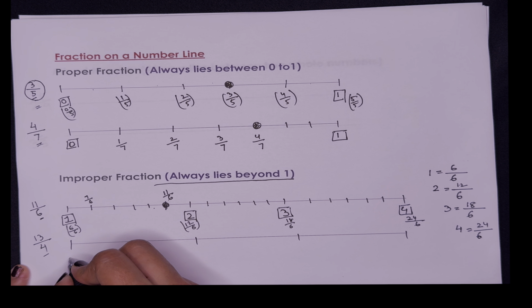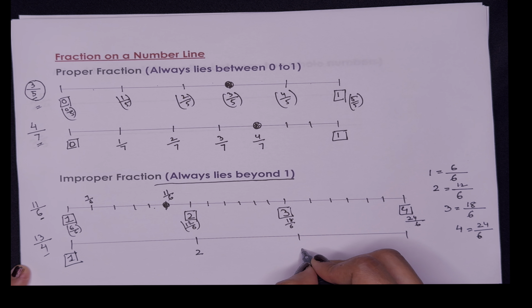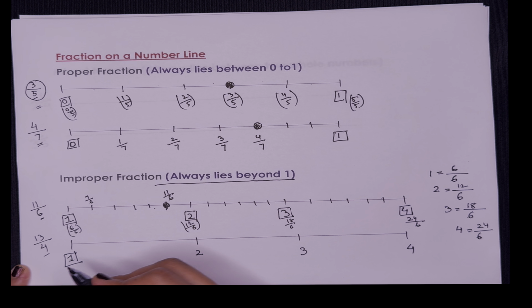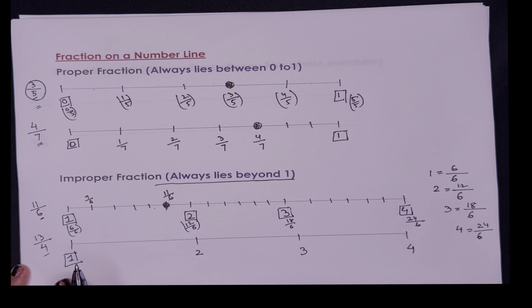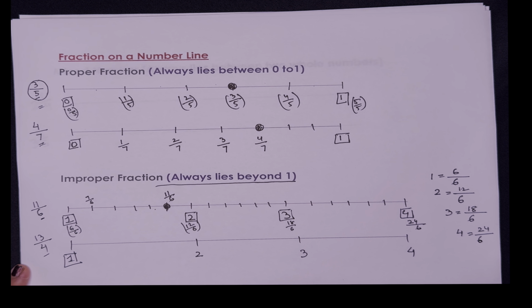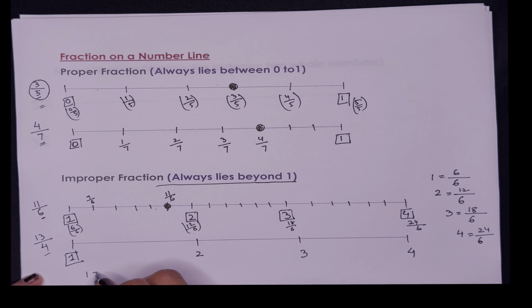Fourths. Let's first put the whole numbers 1, 2, 3, 4. This is an improper fraction. Again, an improper fraction lies beyond 1. So our starting point will be 1. Now, if the partition is fourths, in terms of whole number 1, it will be 4 by 4, since 4 into 1 is 4.